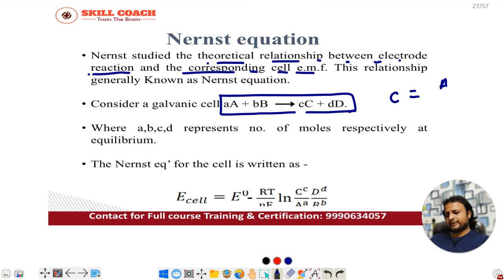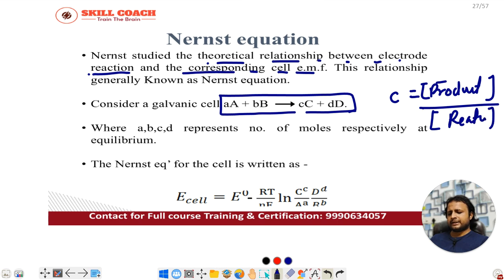We can write simply the concentration of product divided by concentration of reactant.